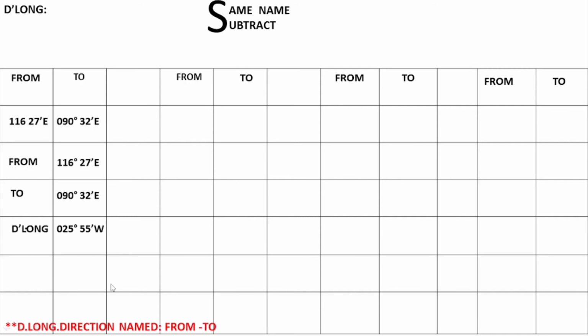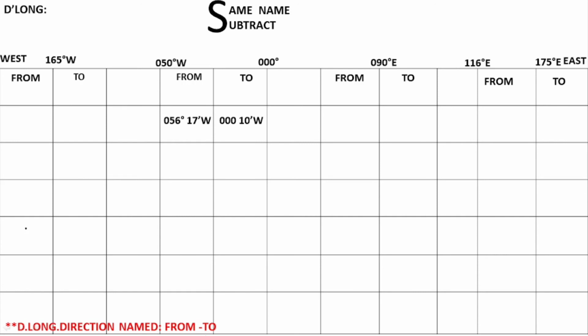Now this I'm just showing you the scale on top here, which has just come up. You're going from 116 degrees to 90 degrees. Which way are you heading? West. So your D.LONG would be west. Right? These straight lines I made so that it is clear to you that 0 increases up to 180, 0, 180 degrees west.